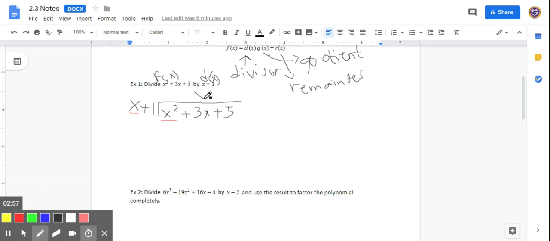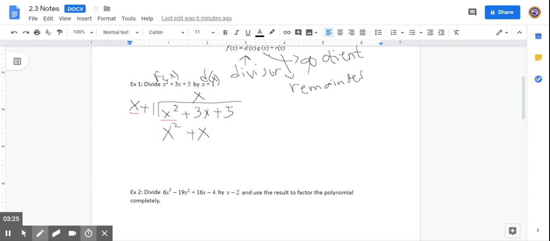So that would be the first thing I write on top of my division bar. And what I'm going to do now, so x times x gives me x squared, I'm going to multiply this value by both terms in the divisor. So I get x squared plus 1x.